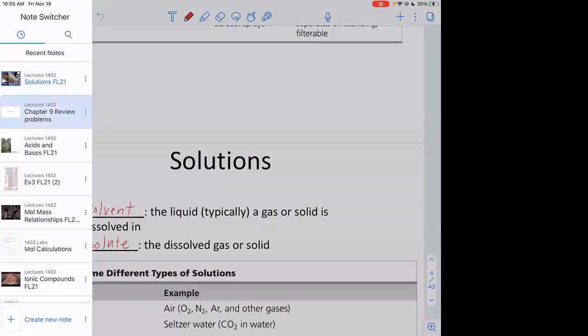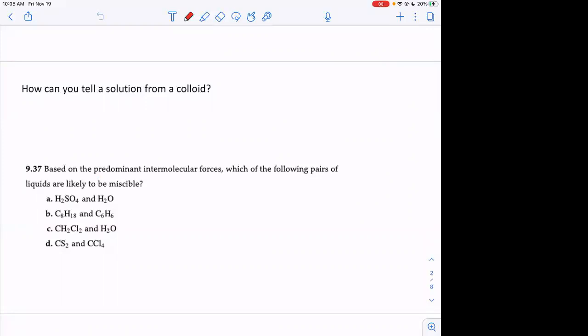Here, what would you guys say? How would you put it in your own words? Yeah, so the easiest answer is particle size. What's dissolved in the solution, that's the main difference.